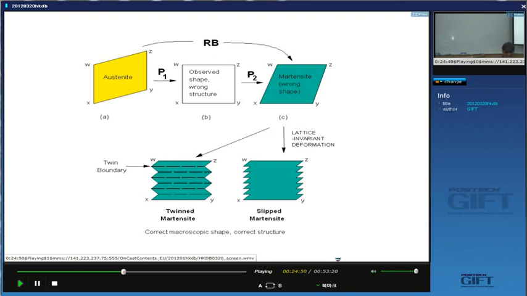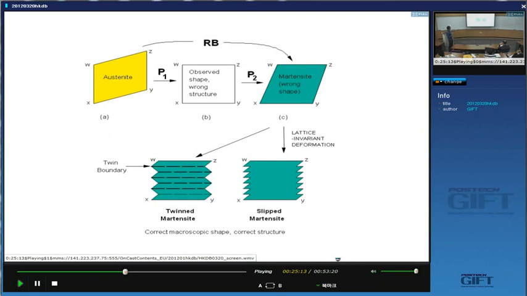So all of this is the complete theory of martensite, that to change from austenite to martensite, the deformation is a combination of the Bain strain and a rigid body rotation. The rigid body rotation converts the Bain orientation into the observed orientation and gives us one invariant line, which is the minimum requirement for martensitic transformation.